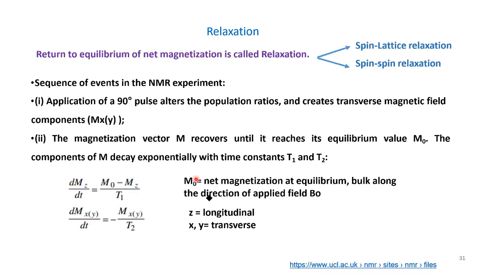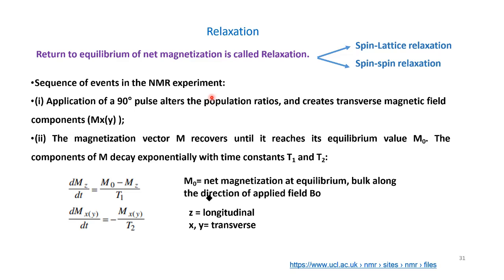Once the magnetic field is removed, it will return back to the original state or equilibrium, that is called the relaxation. The relaxation can be of two types: spin lattice relaxation or spin relaxation.